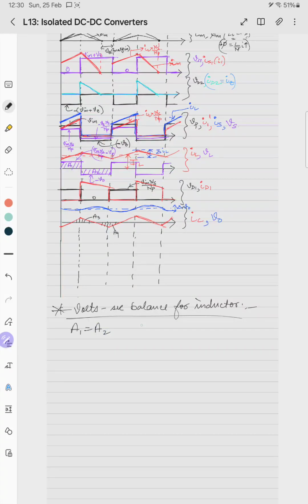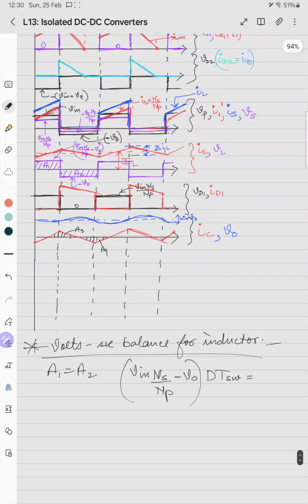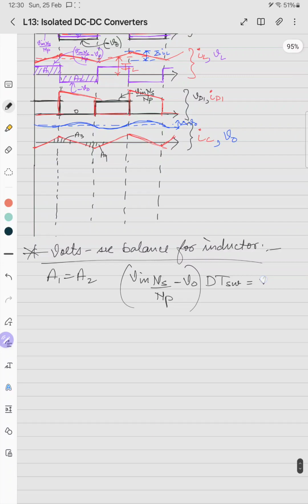Therefore we can write, what is A1? That is Vin into NS by NP minus V naught, into the time T on, that is D into T switching. What is the other part of this? Minus V naught, so minus V naught goes to that side and becomes plus V naught, V naught into 1 minus D into T switching.